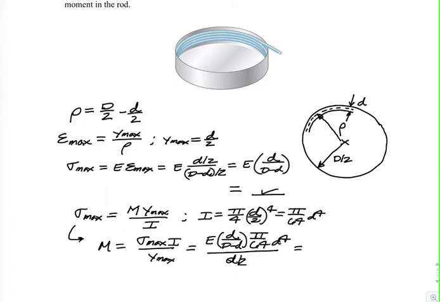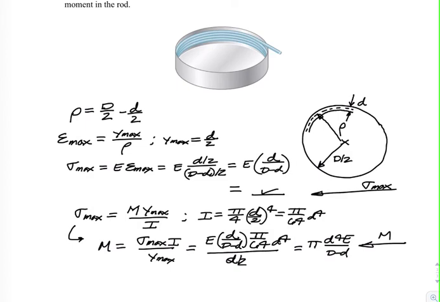So that ends up giving us pi d to the fourth, Young's modulus E, divided by D minus d. So these are the two answers that we were asked to find: the bending moment in that rod, and the maximum normal stress in that rod as it's curved and bent around the inside of that drum.